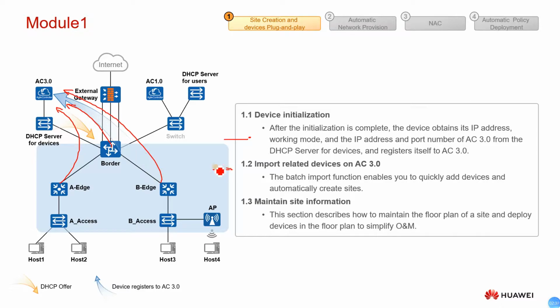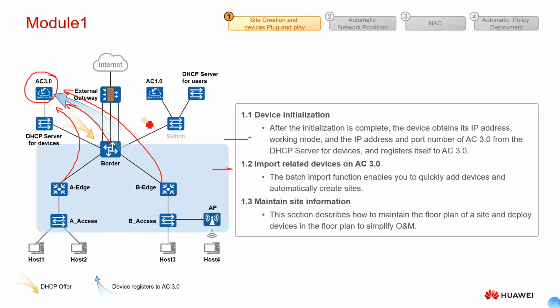We are going to log into the AC 3.0 and use the user graphic of the AC 3.0 to create a site to contain all of these devices. We are going to add all of these devices into the site so that the AC 3.0 can manage the devices.